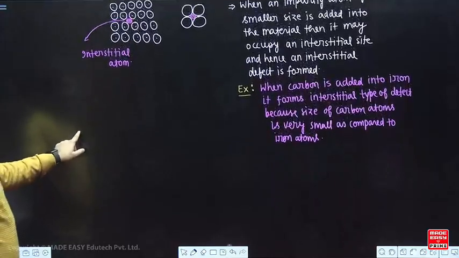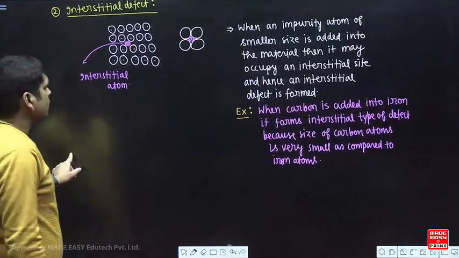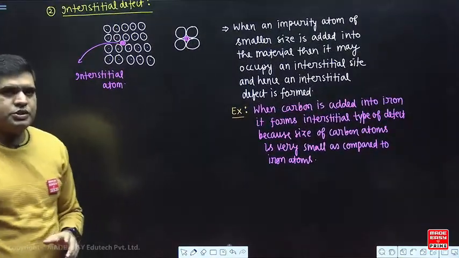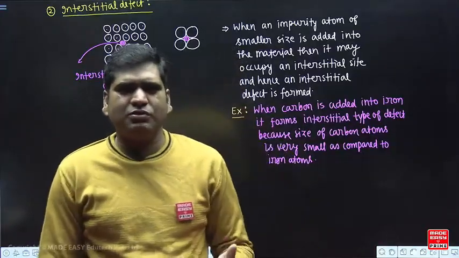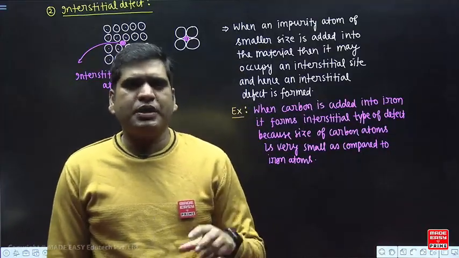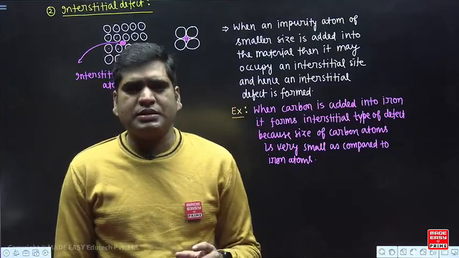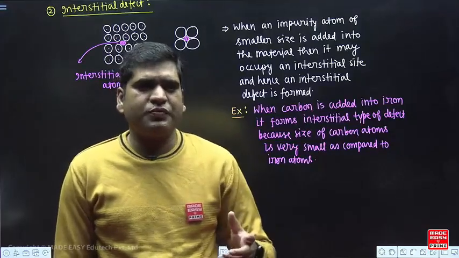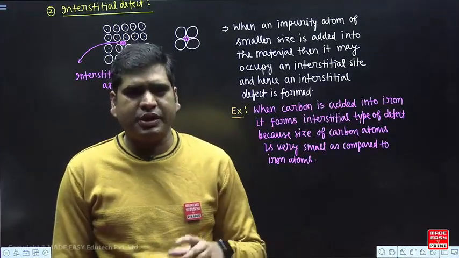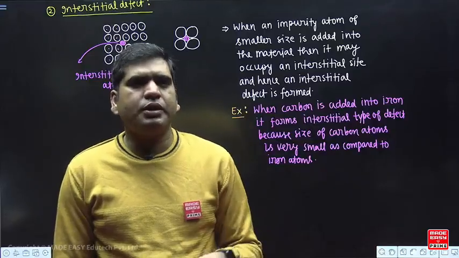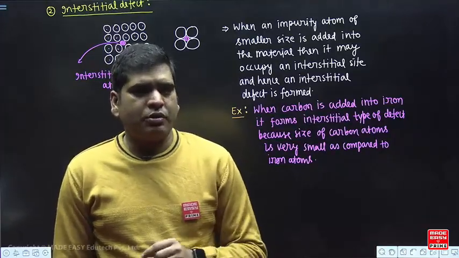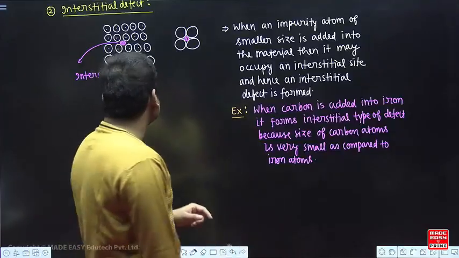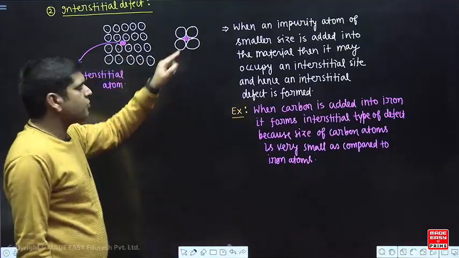Third one, suppose we are adding an impurity which is of equal size, not exactly equal, of comparable size. Exactly equal would be the same material. So if the impurity is of comparable size, let us suppose there is a difference of only 10 to 15% of the radius between the host atom and the impurity atoms, then an interstitial defect cannot be formed because interstitial spaces are very small.